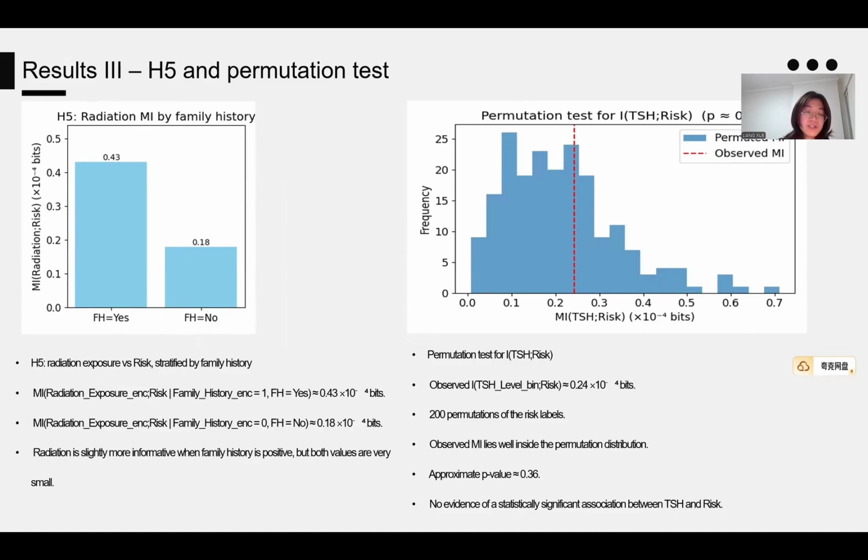In the permutation test for TSH, the observed MI of approximately 0.24 times 10 to the minus 4 bits lies well inside the distribution from 200 label shuffles, with p approximately 0.36. There is no statistically significant association between TSH and the three-level risk label.